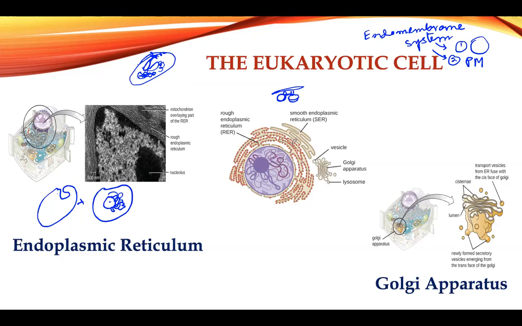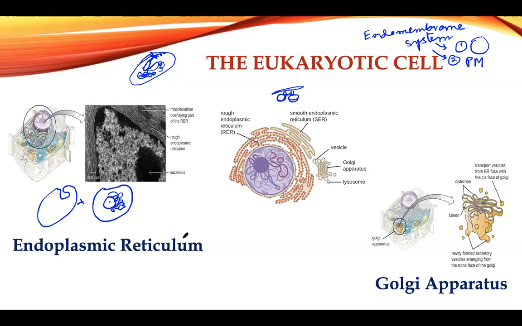So that's the difference between ER and Golgi. This is the Golgi apparatus. Both of them look almost alike. Golgi also has tubes, vesicles and flattened sacs. But endoplasmic reticulum always remains immediately outside of the nucleus. That's how you can identify the endoplasmic reticulum.